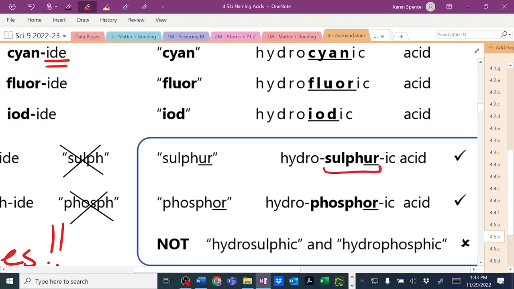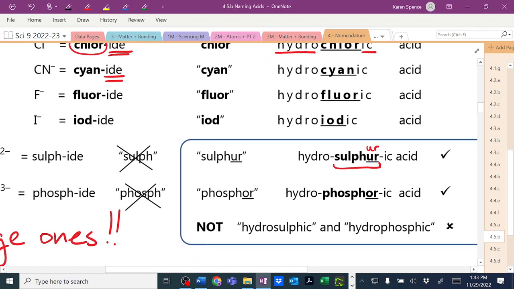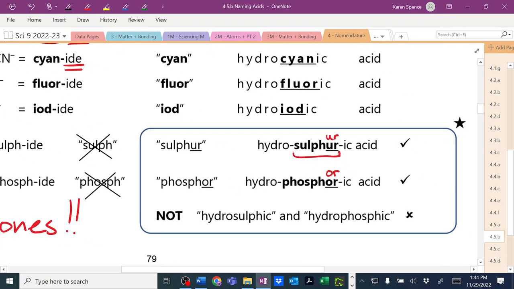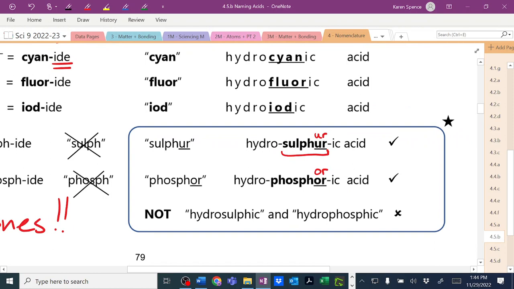Sulfuric with a UR. And phosphide, wouldn't it be nice if it was phosphic acid? But it's not, it's phosphoric acid. And that applies to all the different forms, whether we've got a hydro-ic, we could have hydrophosphoric acid, we could have phosphoric acid, we could have phosphorous acid. It needs that extra OR, okay?